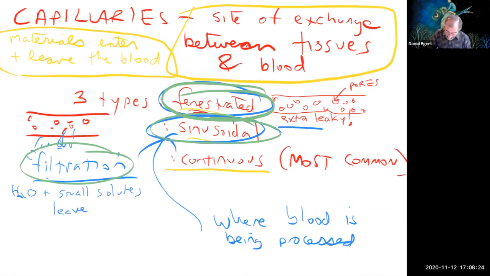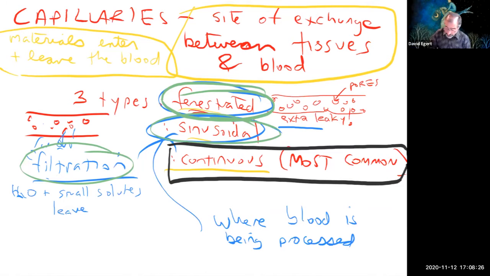Which will now finally bring us to the continuous capillaries. The most common, kind of generic. When you think of a capillary, the one that you're normally thinking of is a continuous capillary. So let us talk about them.